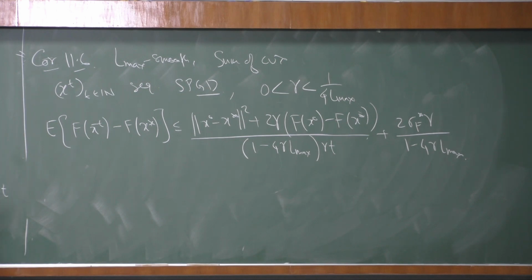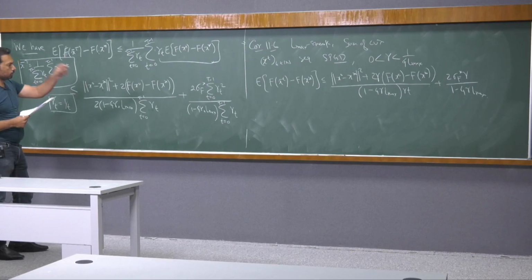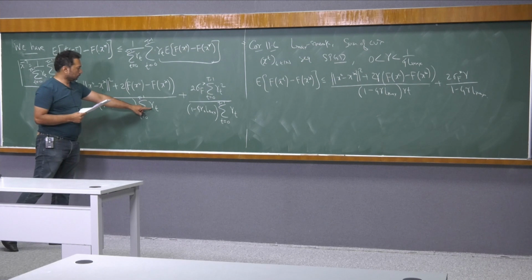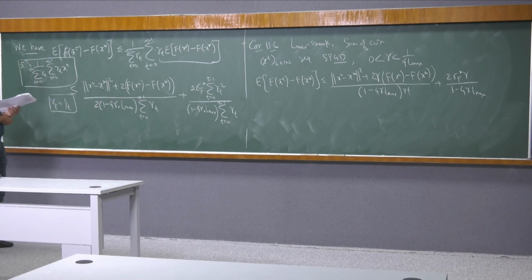There is this t there, right? There is a t in the first term. That is not bad, but I'm wondering, is this t done correctly? So gamma, and then the gamma summed up t times. So this is like t times gamma, right? That makes sense.